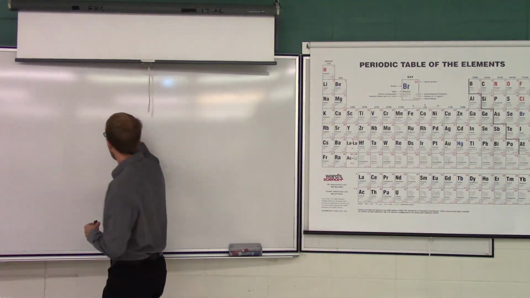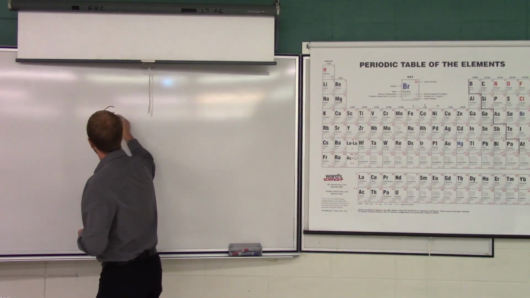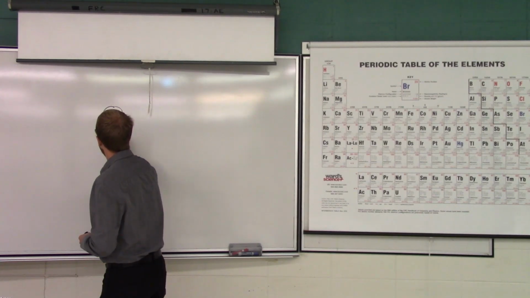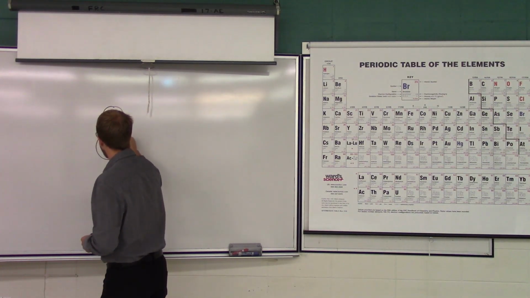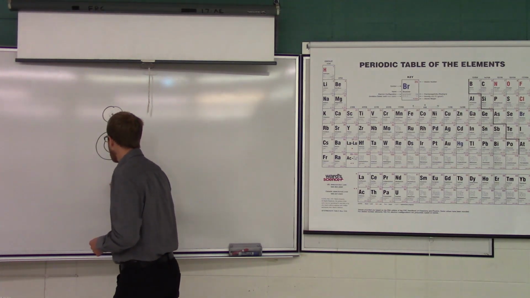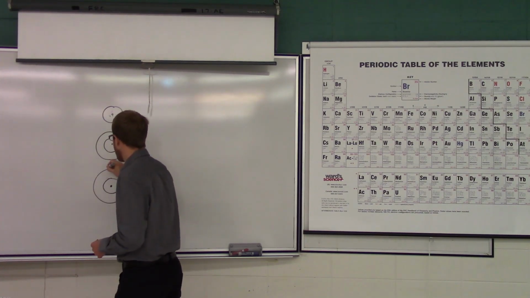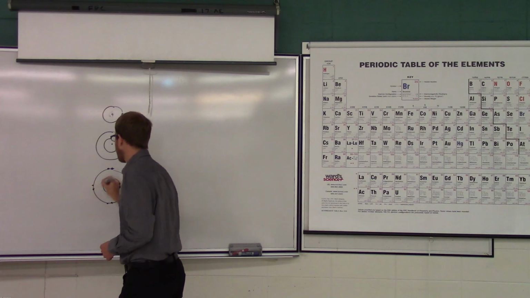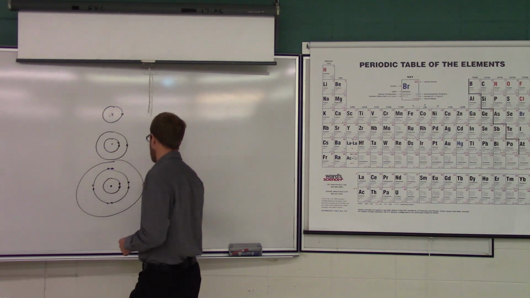So if I were to draw hydrogen, it would look like this, right? Got your nucleus in the center, got an electron there. If I were to draw lithium, it would look like this. And if I were to draw sodium, sodium would look like this.